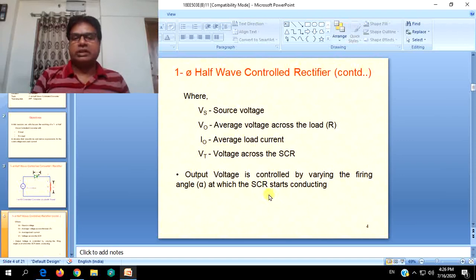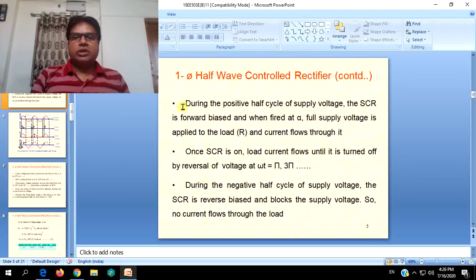Phase control technique is nothing but the firing angle control, where the angle at which an SCR is fired or triggered or turned on will be deciding the conduction time or conduction angle.